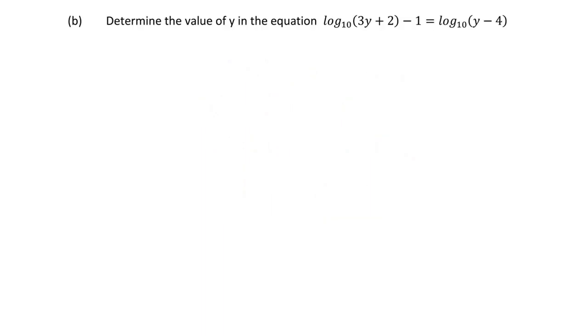Part B, determine the value of y in the following equation. Okay, so this is the logarithm equation. So let us rewrite this expression. Our expression is going to be log base 10 in brackets 3y plus 2 minus log base 10 in brackets y minus 4 equals to 1.